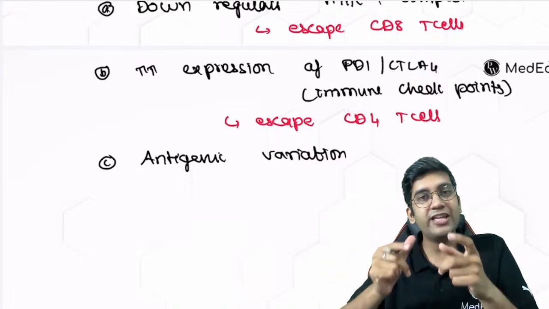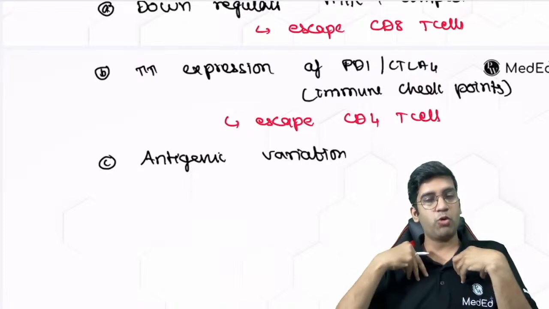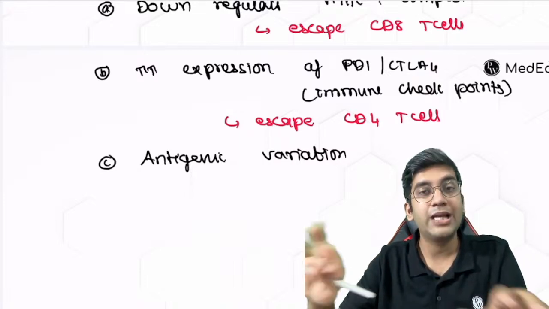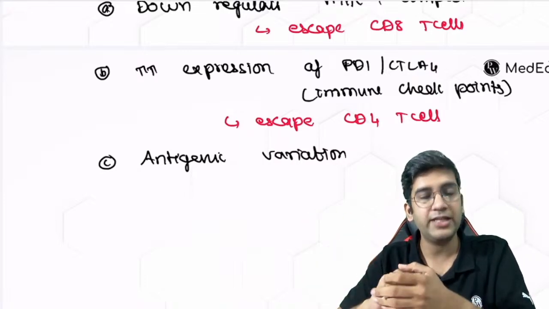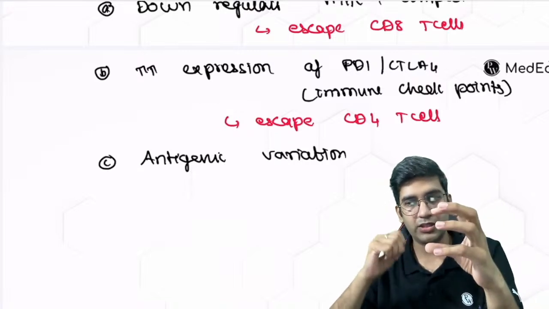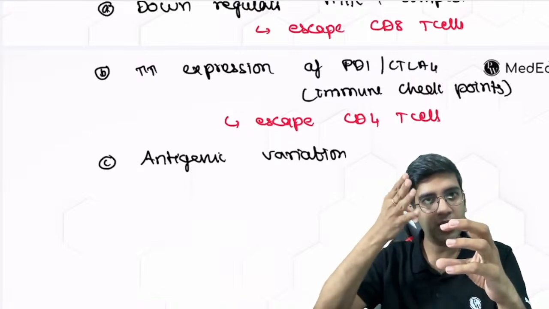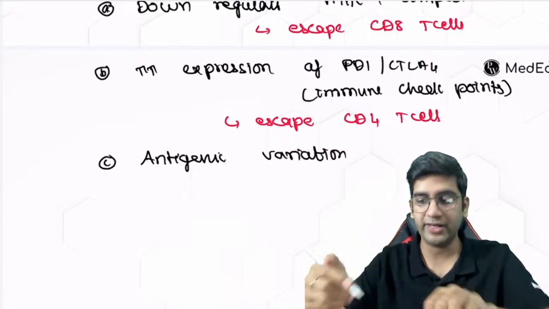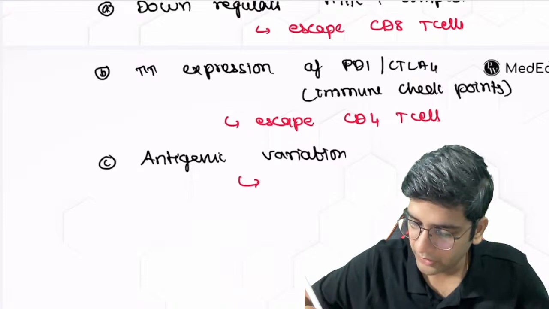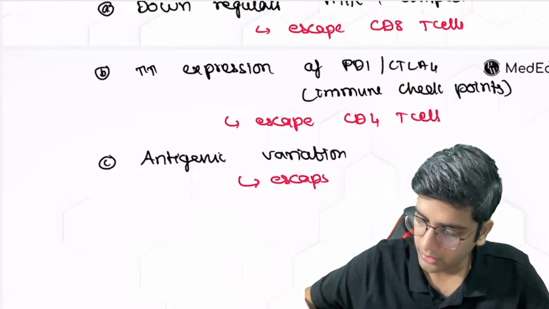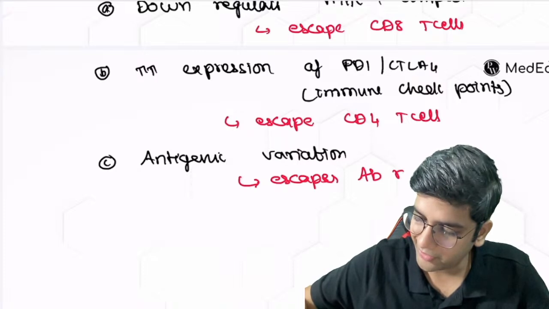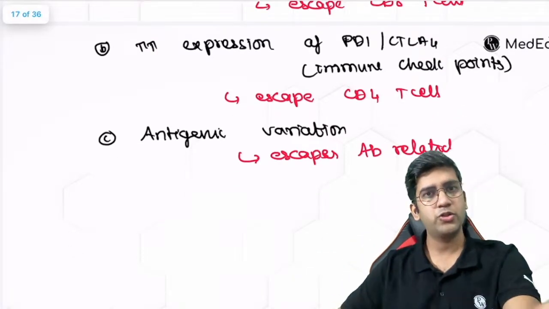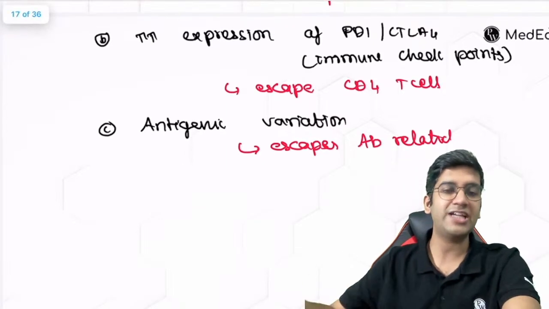COVID came to me, my body developed an immunity, COVID mutated, immunity gone. Same thing happens here. There was a tumor cell, my body created an antibody against it, and just as it was about to kill the tumor cell, the cell changed. So I cannot kill it. So this escapes antibody-related damage, the B cell or antibody-related response. Same like COVID, tumor cells also escape by producing antigenic variation.